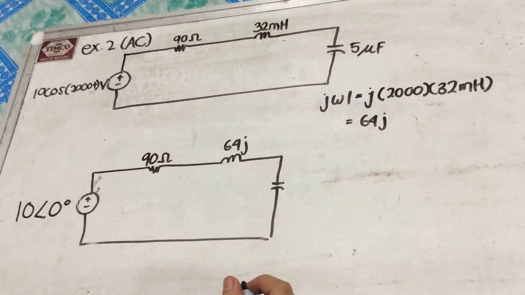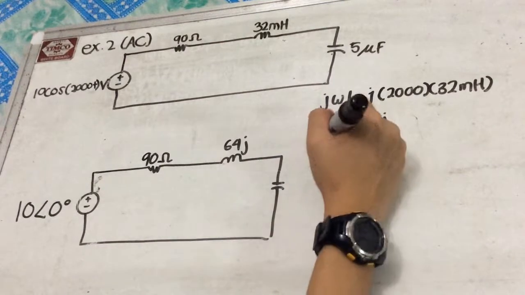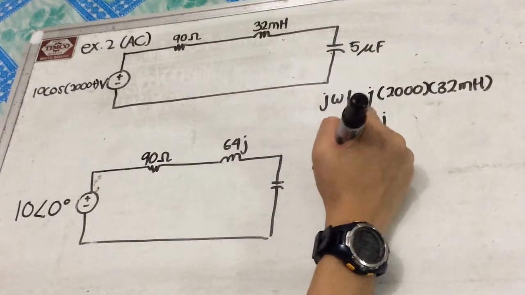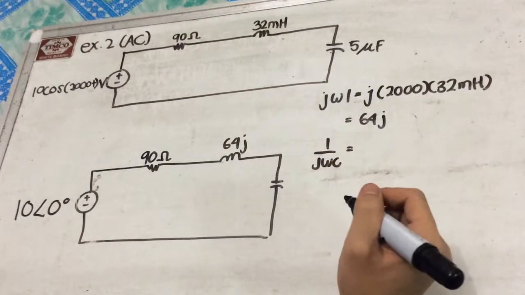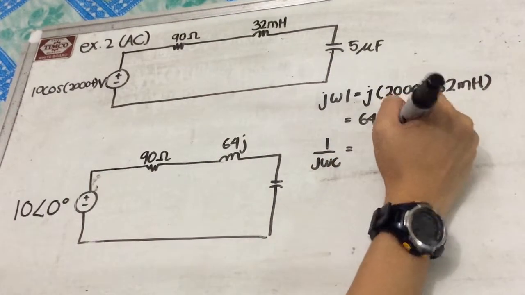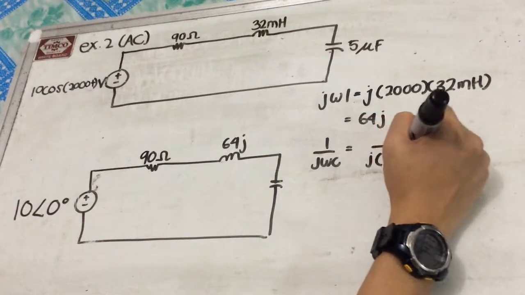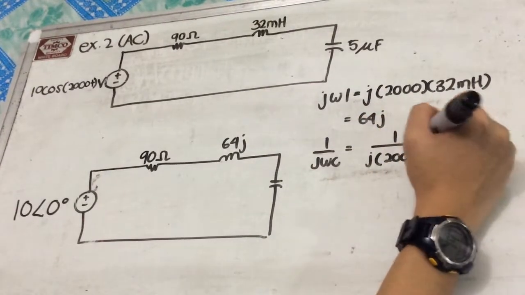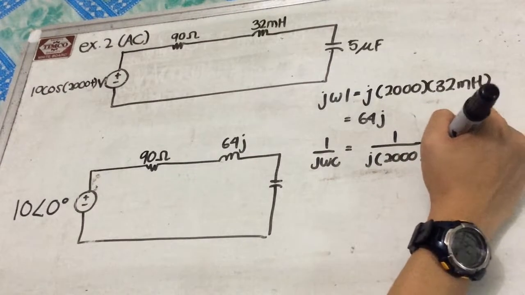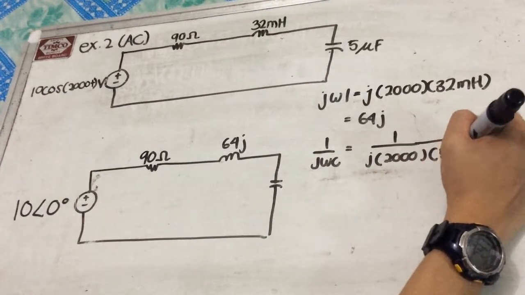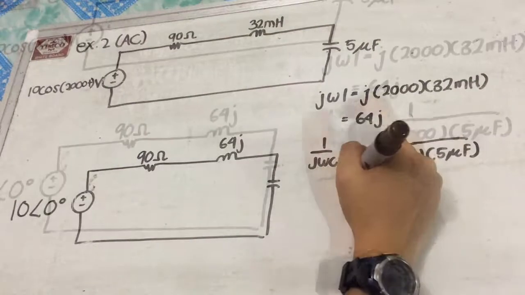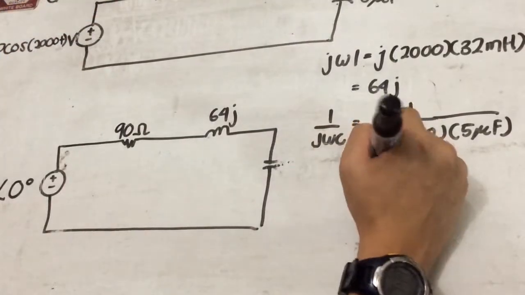Now, recall that the impedance for the capacitor is 1 over j omega C. Substitute again all the values, we will have 1 over j times 2000 times 5 microfarad. We will have negative 100j.